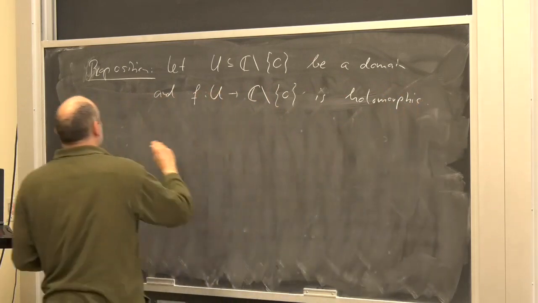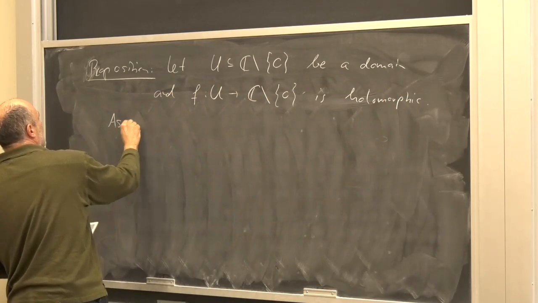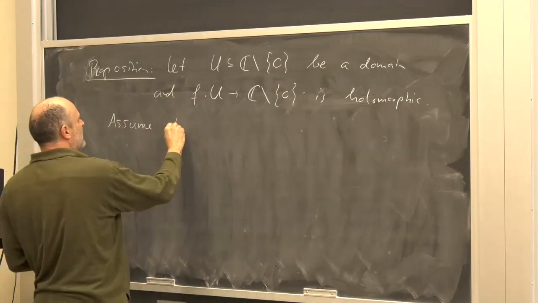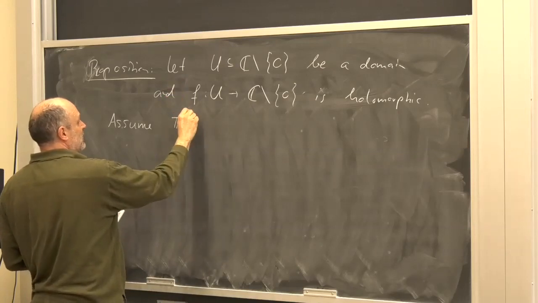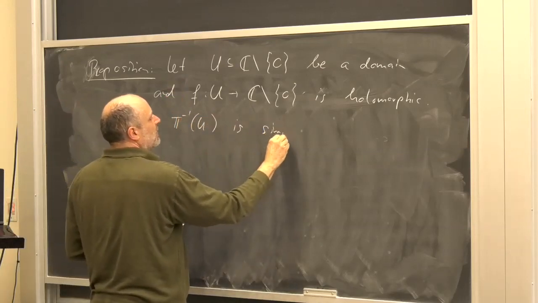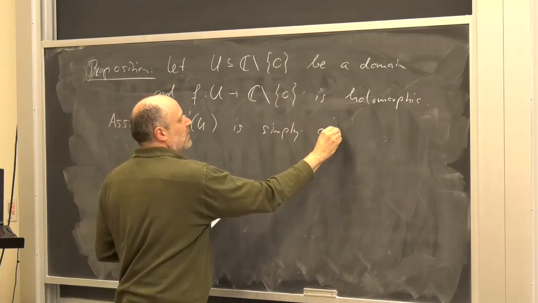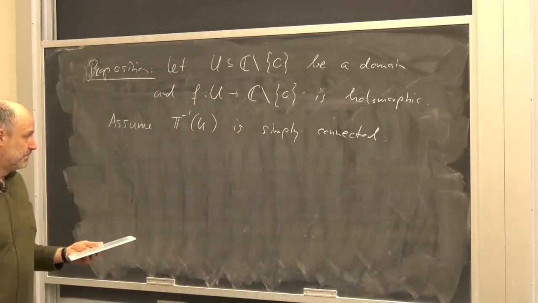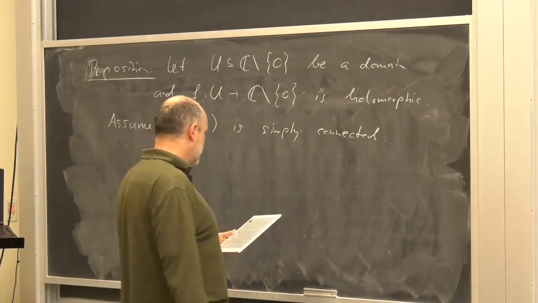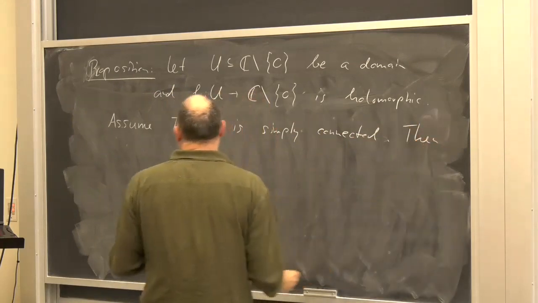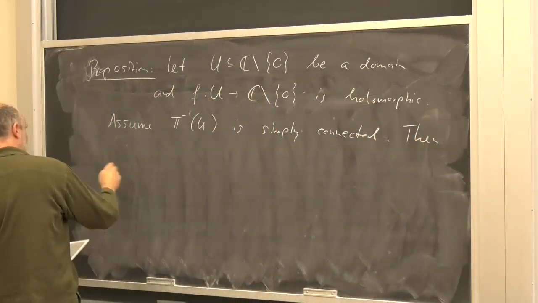So here, what we're going to assume is not that U itself is simply connected, but that its lifting to the Riemann surface is simply connected. So if the lifting is simply connected, then I get what we want.